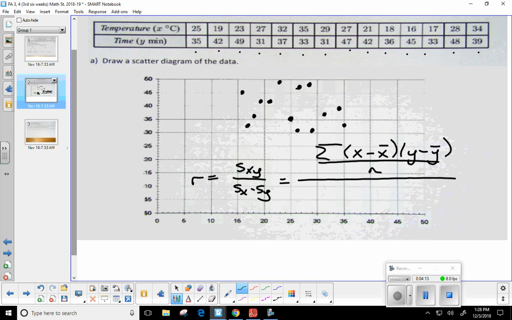And then what was S sub x and S sub y? That was the standard deviation for your 2 quantities. So in this case, S sub x is going to represent the standard deviation for the temperature, and S sub y would be the standard deviation of the time. Now, each of these was a radical expression. Does anybody remember what the standard deviation was?